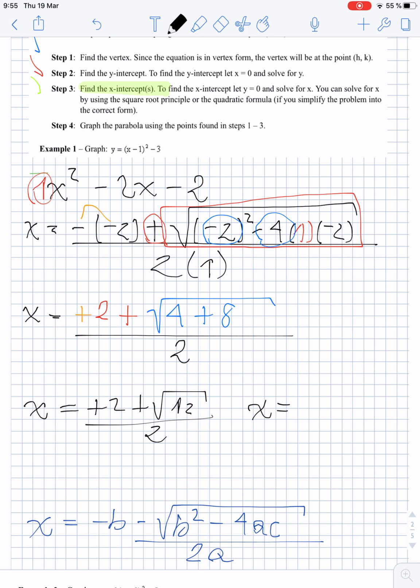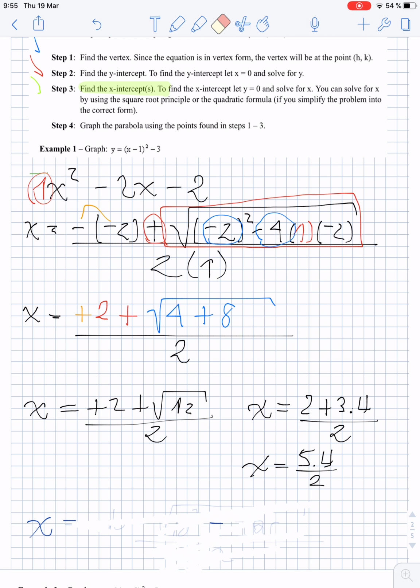That is 2 plus 3.4. I'm going to say 3.4, but can be 3.5 over 2. And the value of x finally is adding 5.4 divided by 2. And finally, the value of this x is equal to 2.7. It is an approximation. It is not the exact value. Use the calculator to find the square root of 12, okay, please.